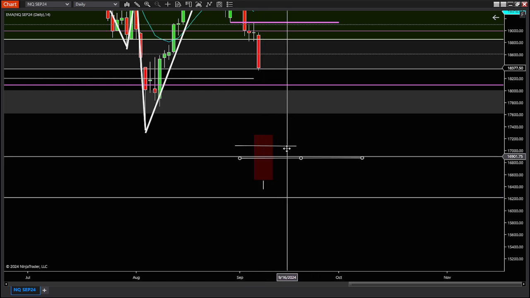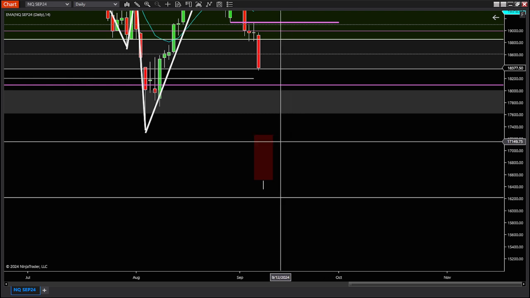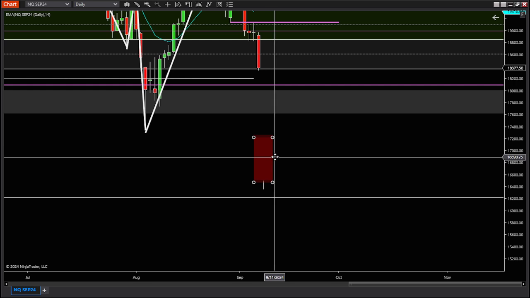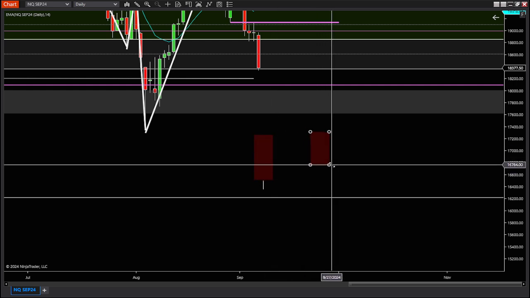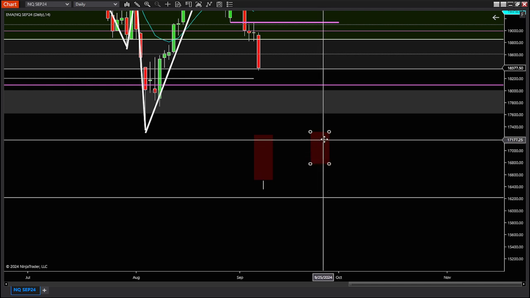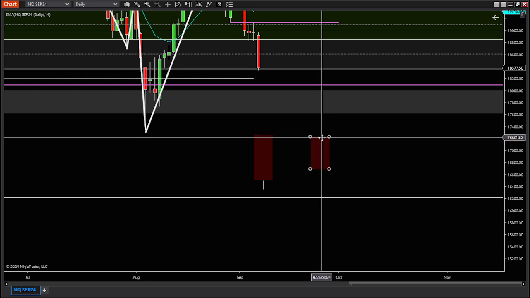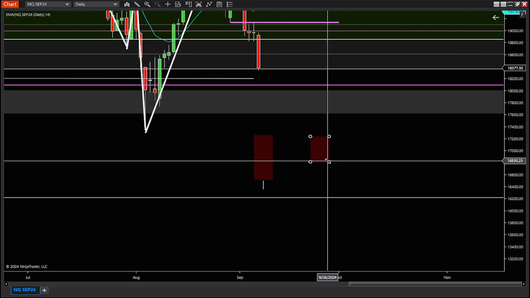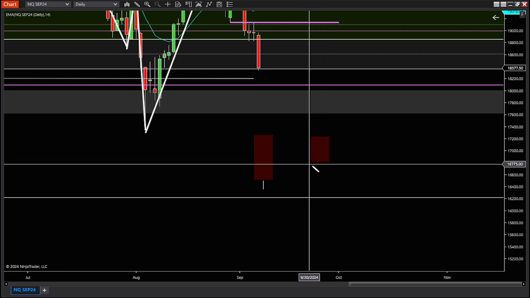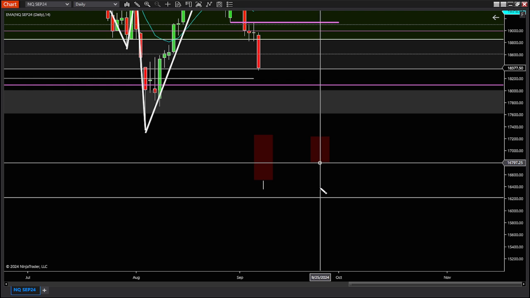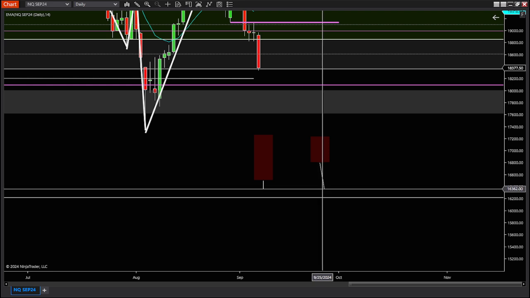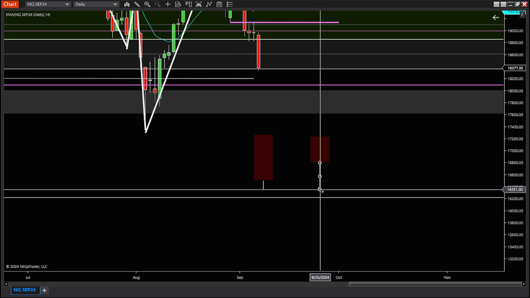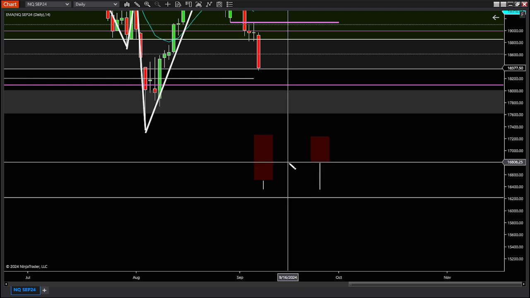That's a strong close. Now, if you have a candle that closes like this, is that a strong candle?